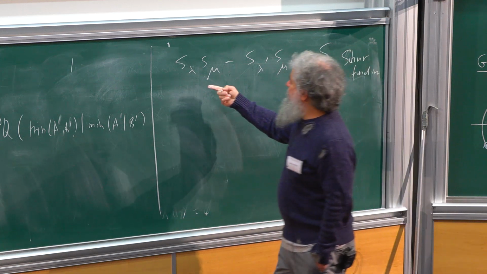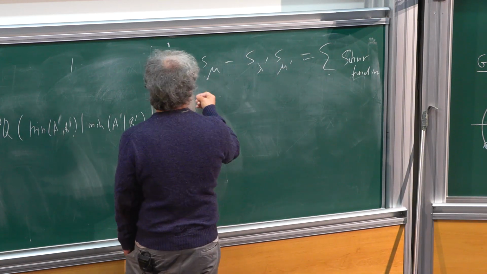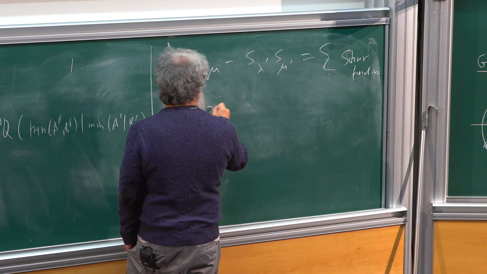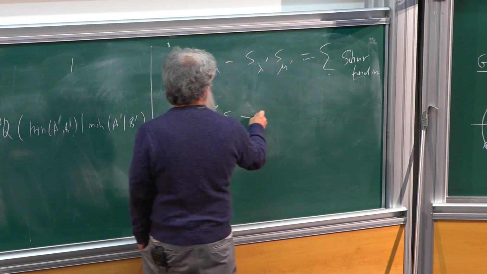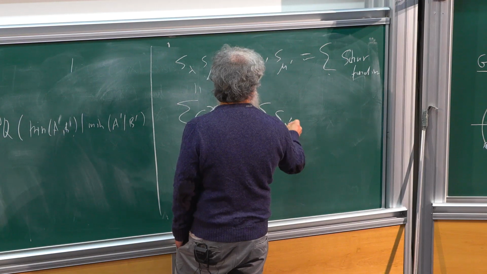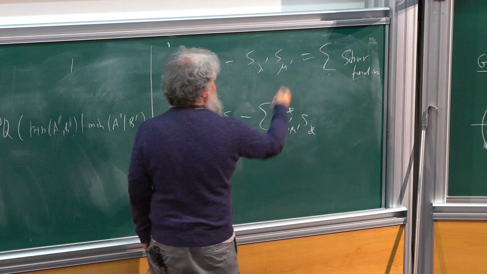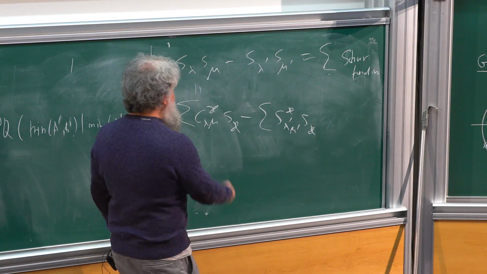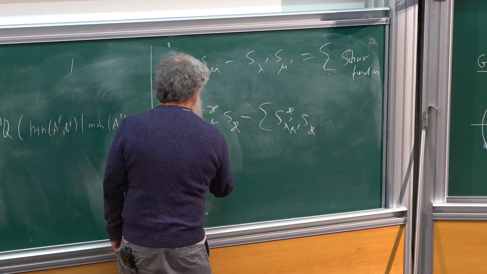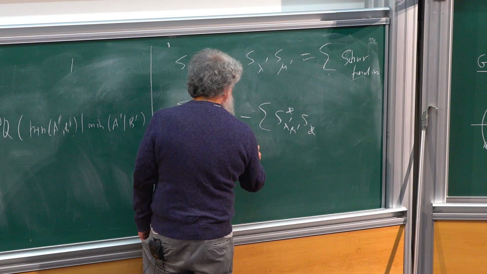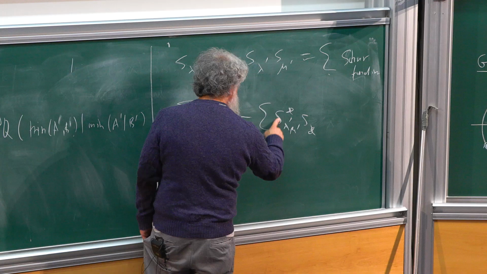But you know from representation theory that this is a sum of c lambda mu kappa s kappa minus a sum of s lambda prime mu prime kappa s kappa. So therefore, if you know that it is Schur positive, then you know that these Littlewood-Richardson coefficients satisfy this property.